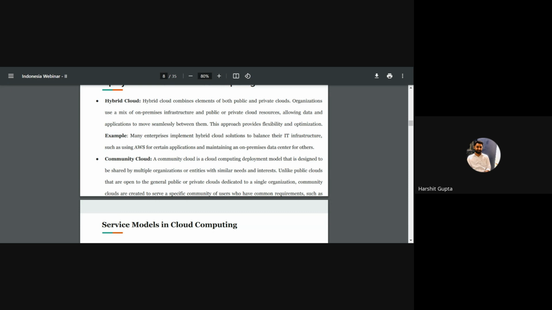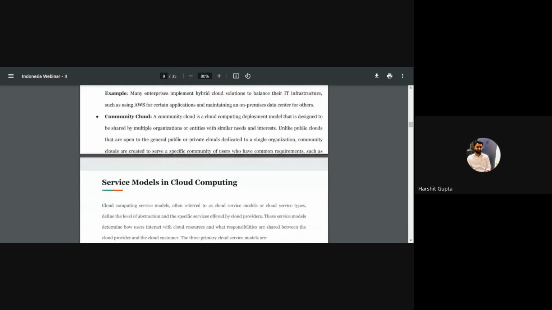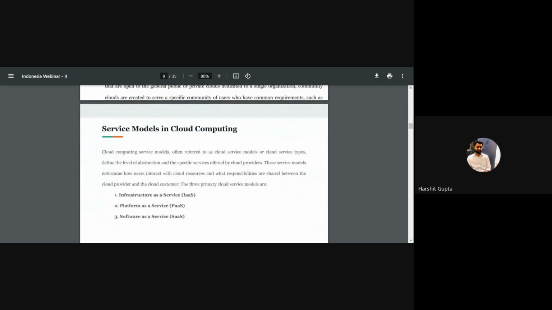A single service is used by multiple organizations. When this kind of setup happens, it is known as a community cloud. So these were the different deployment models in cloud computing.